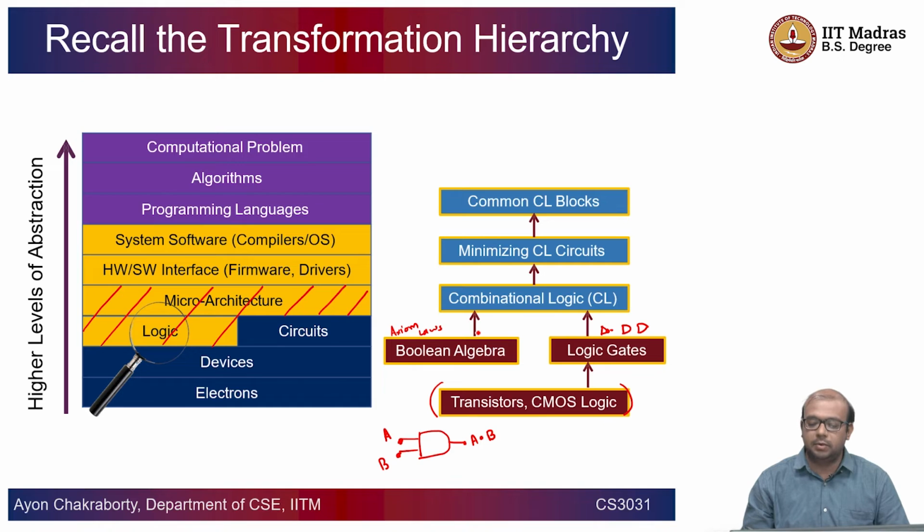So now we will look into how you can create a certain class of circuits, or a certain class of logic, which is called combinational logic. If you remember, we spoke of two different kinds of logic. One was the memoryless logic, which is combinational, and the other one was retaining something from previous states.